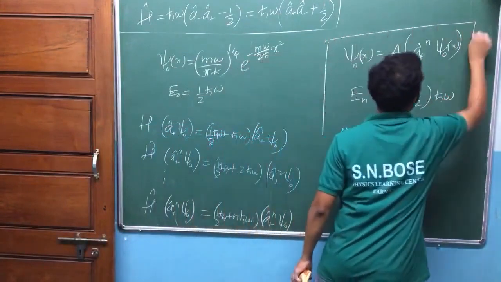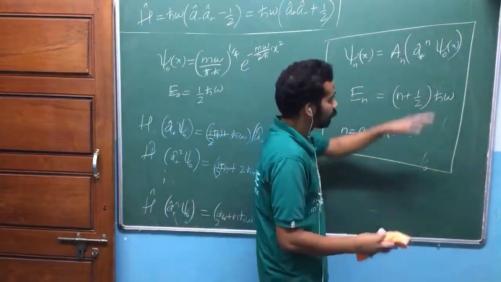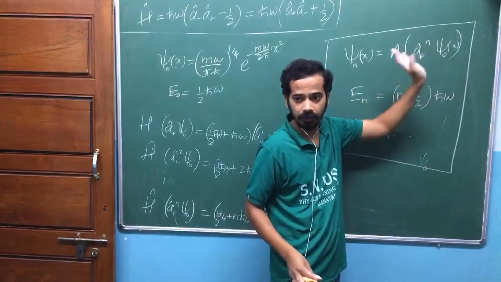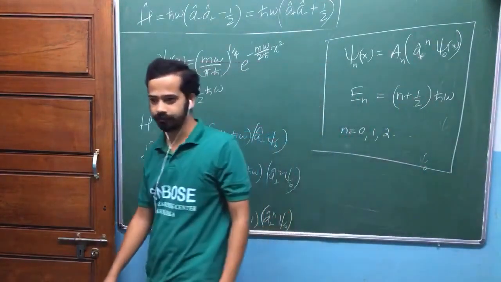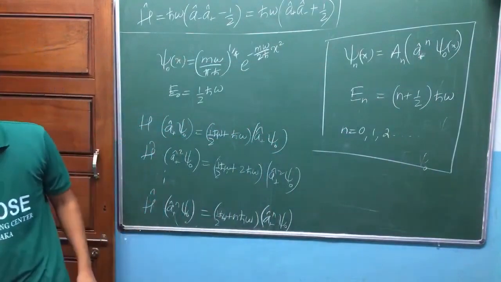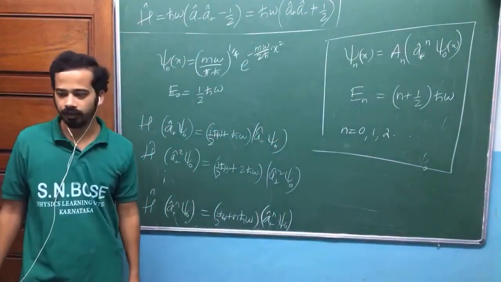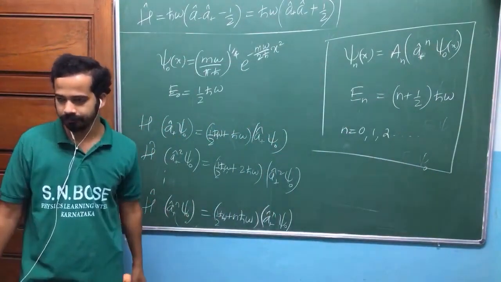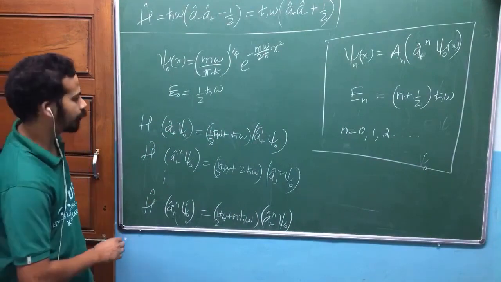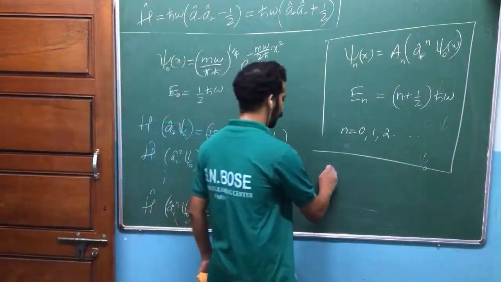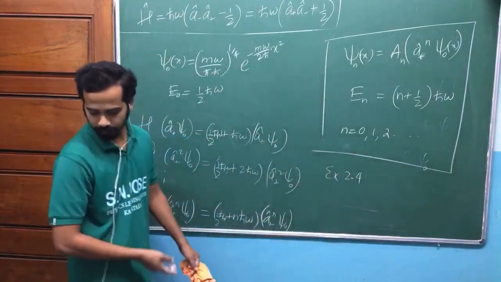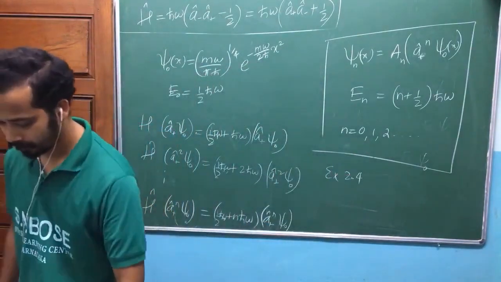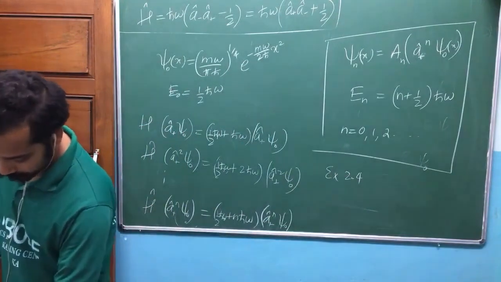You got the nth energy value, and without solving a differential equation, we got this much result. Solve example number 2.4, finding the first excited state by operating A plus cap on psi naught. Just try to do that one.